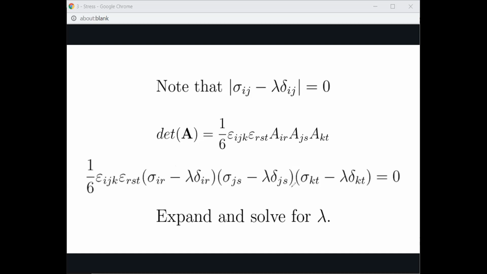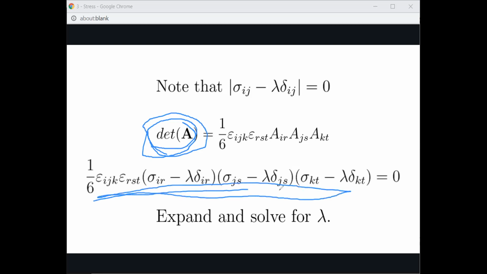Now, since all of these are dummy indices, ang result nito is just one scalar value. And that makes sense because we're talking about determinant. And a determinant for a matrix is just one scalar value. Okay, just remember that. And what we do here is expand this equation.